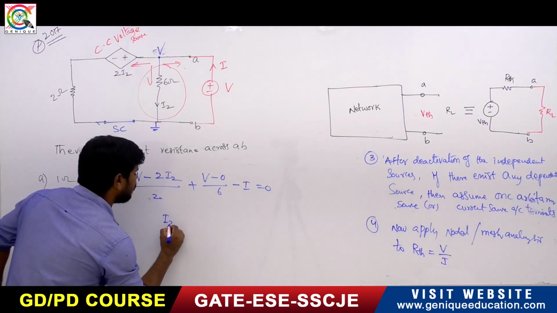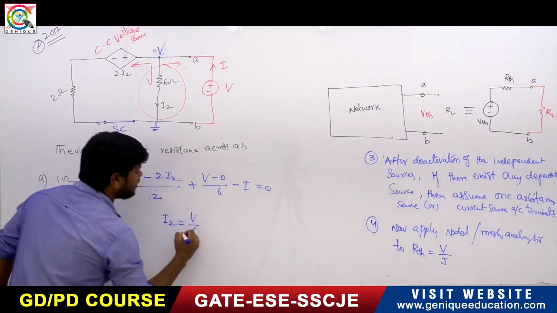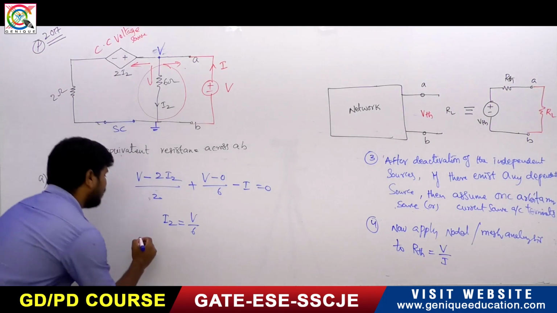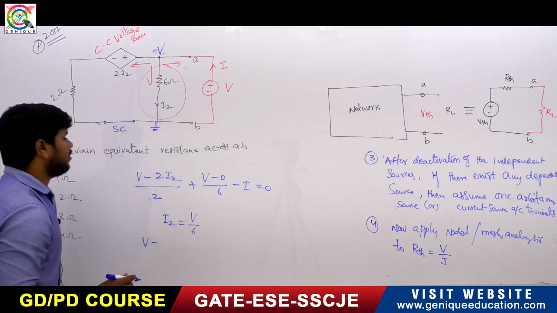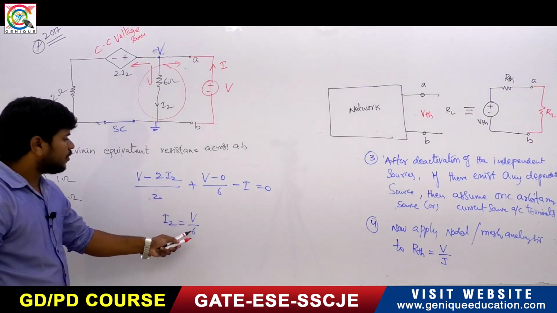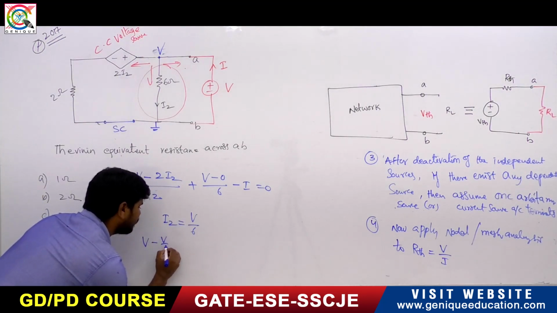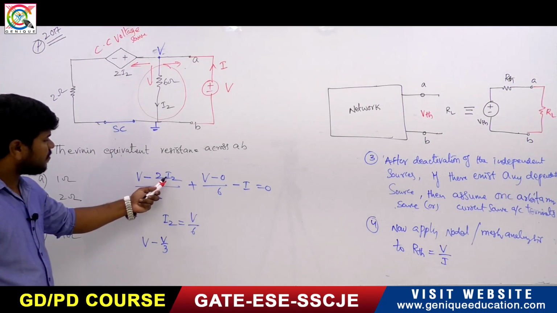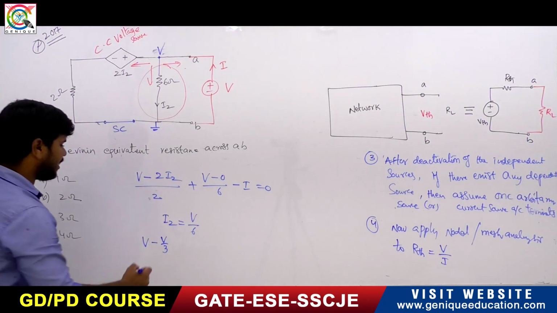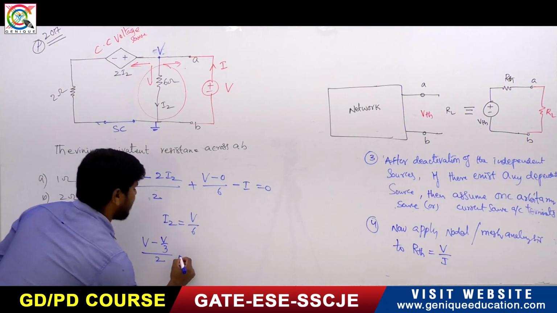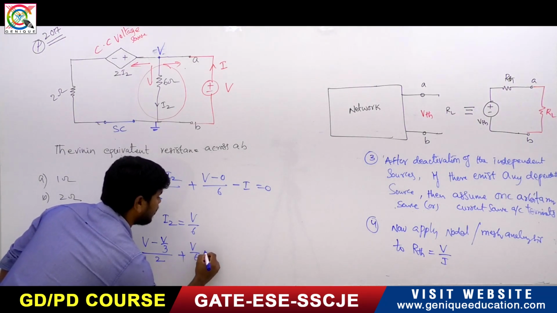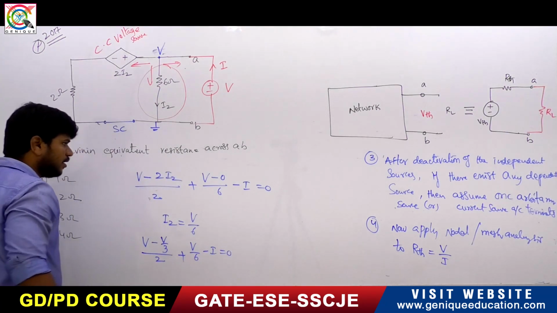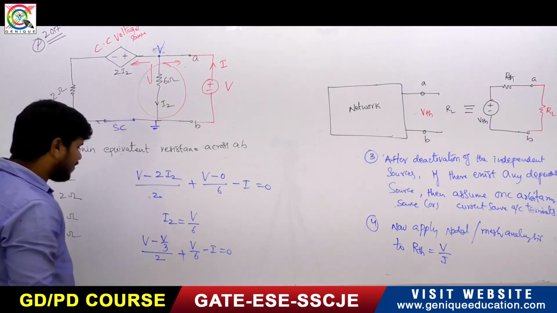I2 is equal to V divided by 6. If you put that there, V minus 2 into I2, and 2 into I2 means V by 3, so V by 3 divided by 2, plus V by 6, minus I is equal to 0. Now simplify this.